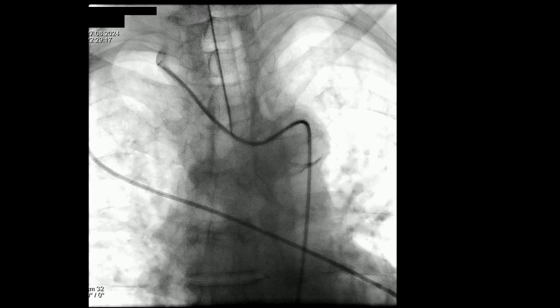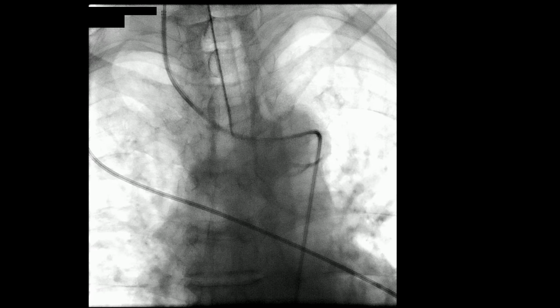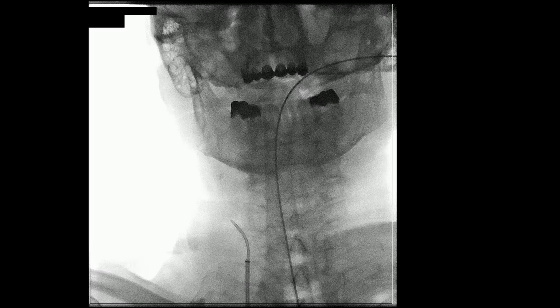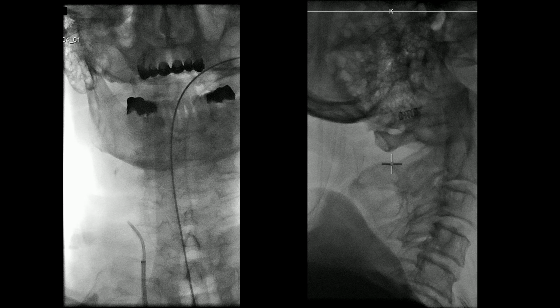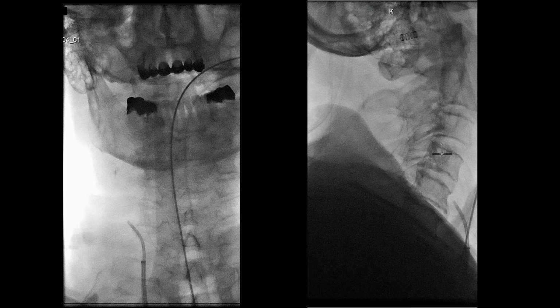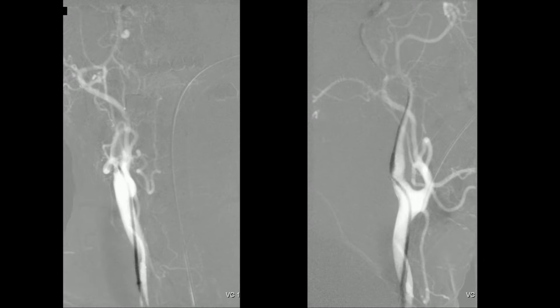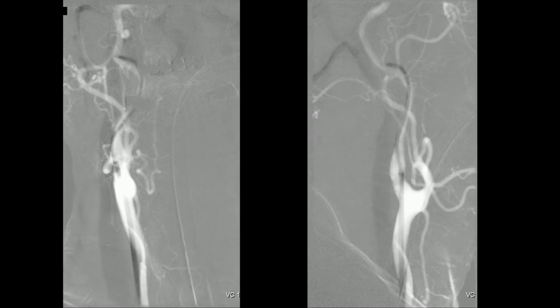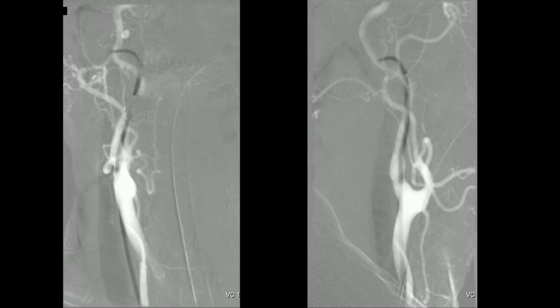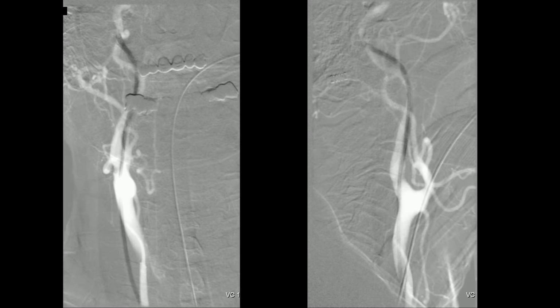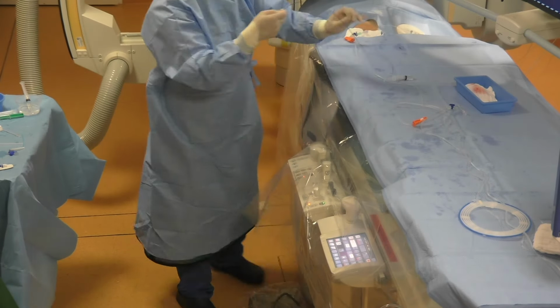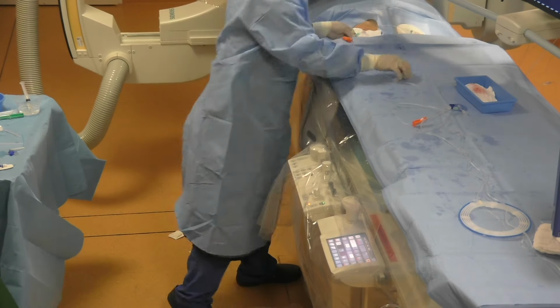We continue navigating the right common carotid artery, and now we need a roadmap to see the origin of the right internal carotid artery. And here is the origin of this artery, and we push the select catheter in the ICA, and after that we can push the Neuromax inside the distal segments of the ICA.